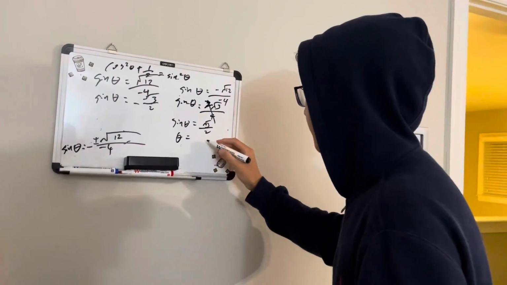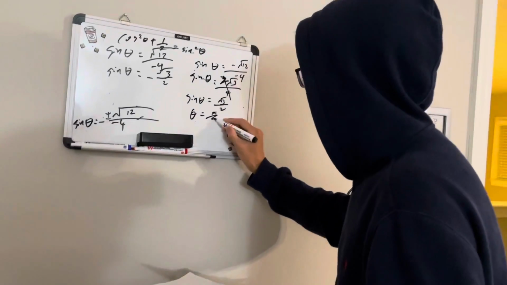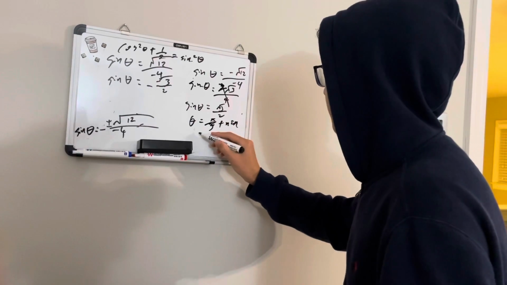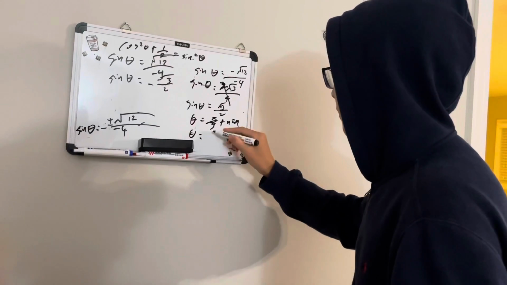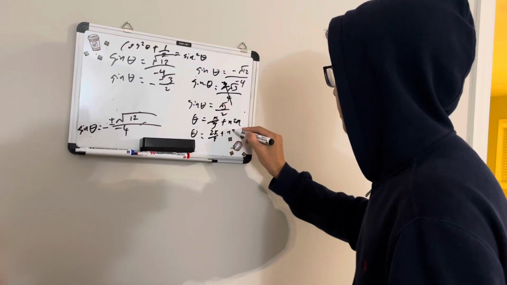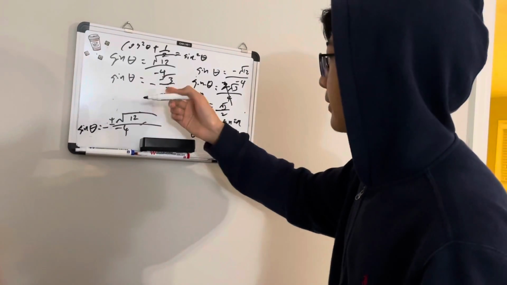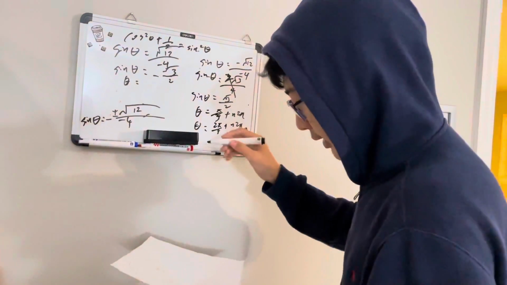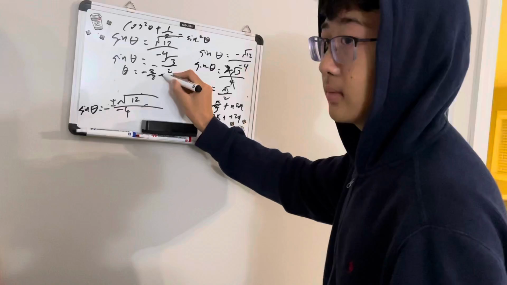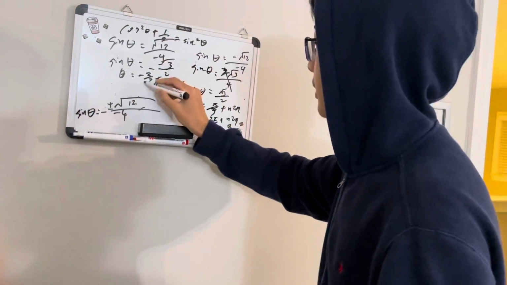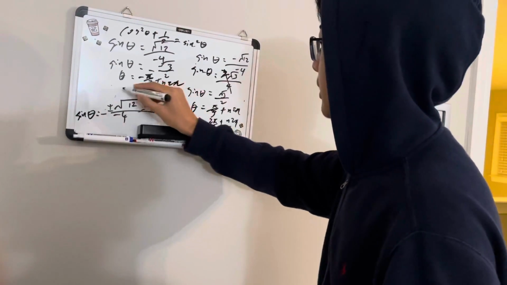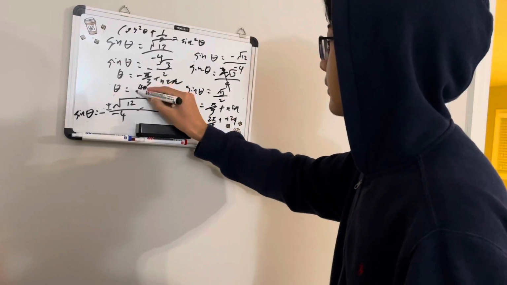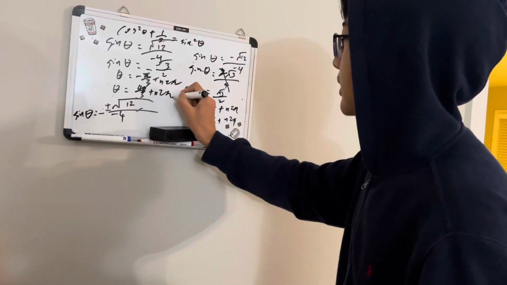So that's pi over 3 plus n 2 pi, and pi minus that, which is the other solution. That's 2 pi over 3 plus n 2 pi. And here we have the fourth quadrant, right? Negative pi over 3 plus n 2 pi. And pi minus that is 4 pi over 3 plus n 2 pi.